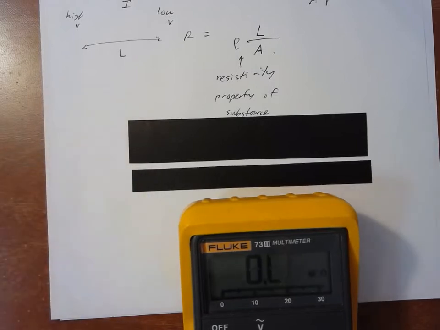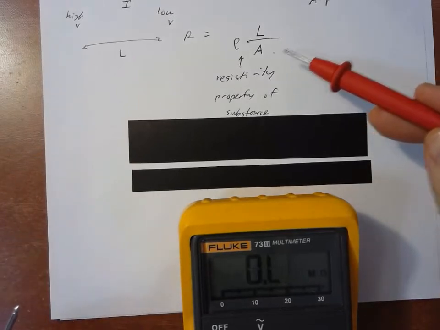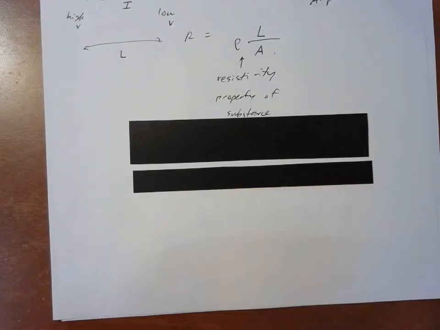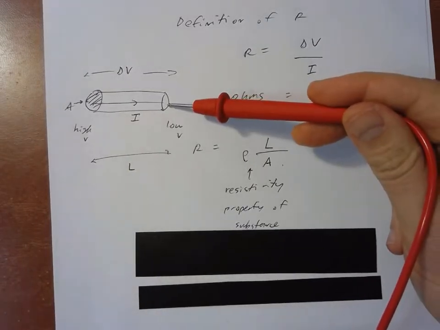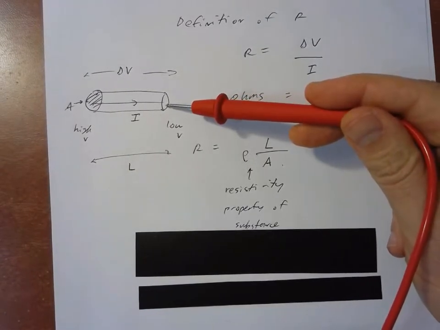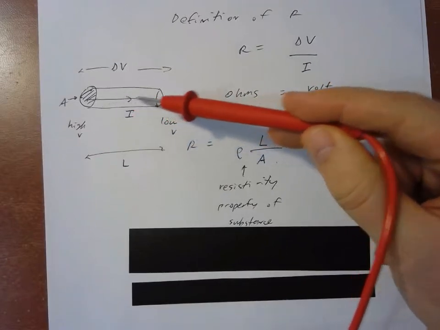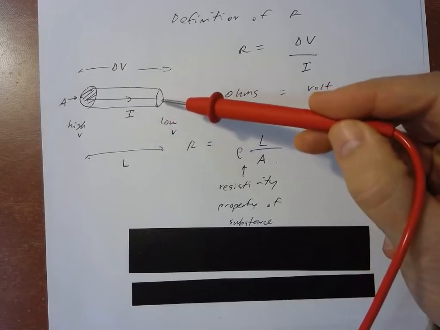So the idea is thinner materials, which have less cross-sectional area, the thinner you make your wire or your material, the more constricted the volume that the current has to flow through, and you're trying to flow it through a narrower area, that causes more resistance to flow.